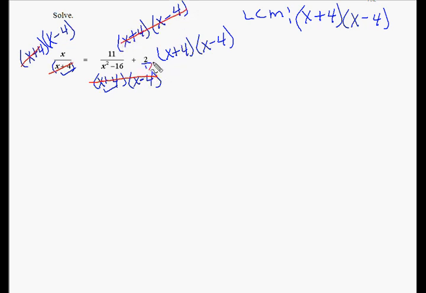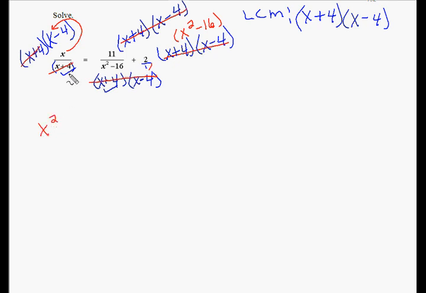This denominator only had the 1 in it, so there's nothing that we can reduce. But I'm going to rewrite this x plus 4, x minus 4, and multiply that out as x squared minus 16, because it was right here. x plus 4 times x minus 4 was x squared minus 16. Now we're ready to clear parentheses and see what we have.